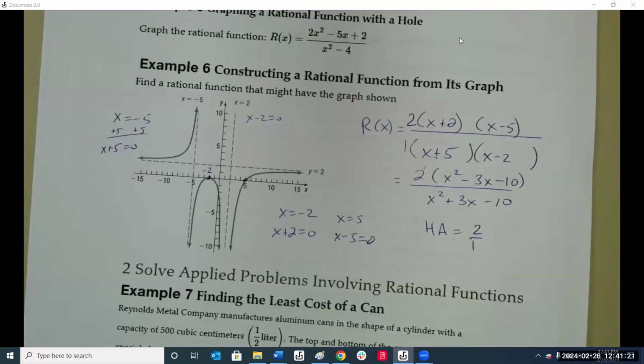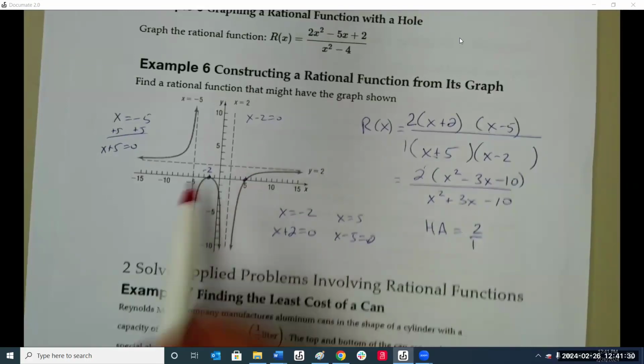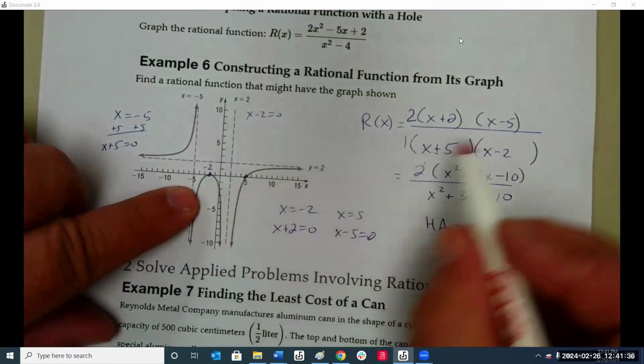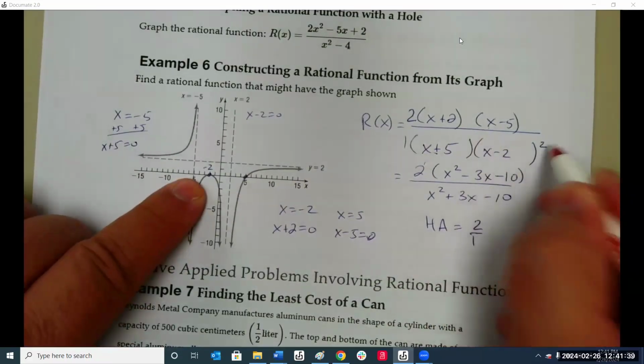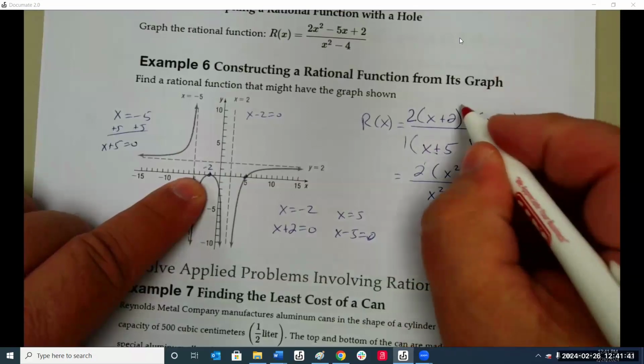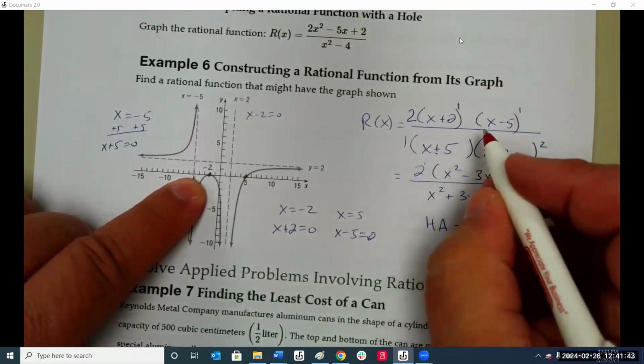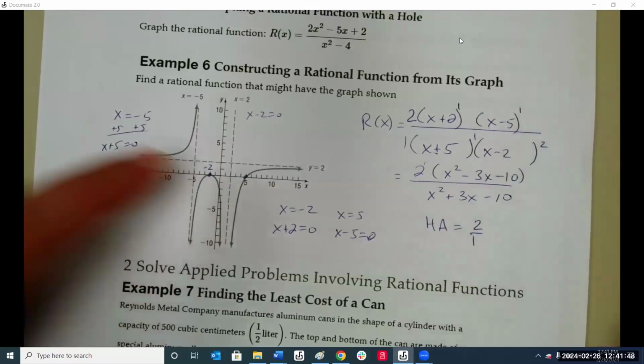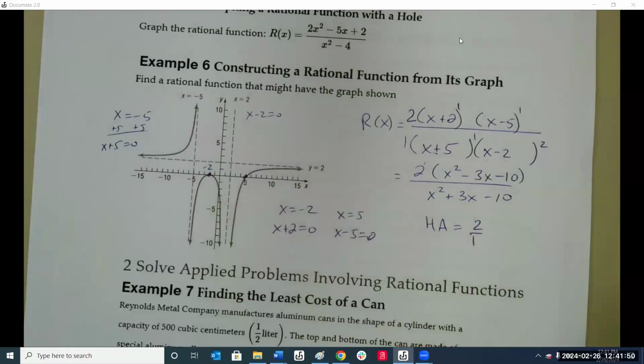If it was squared, then would the degrees be the same? I know the concept is if it bounces, it has to be an even exponent. But if it was squared, then we'd have degree 2 over degree 3, which would make our horizontal asymptote the x-axis.